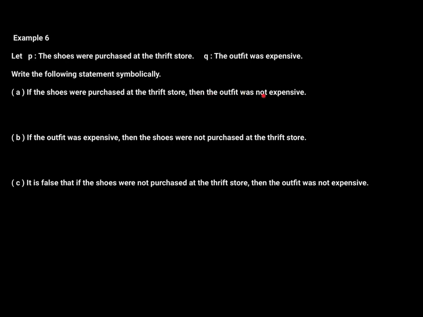Let's go for it. So if the shoes were purchased at the thrift store, that's P, right? Then that means we have to have this arrow, right? If this is true, the shoes were purchased at the thrift store, then the outfit was not expensive. That means not Q, because Q represents the outfit was expensive. Cool.